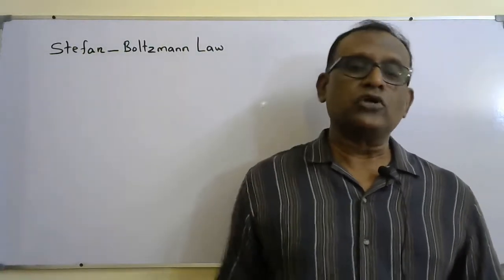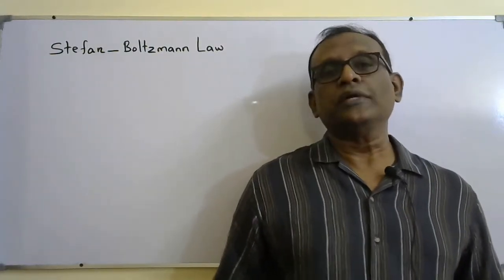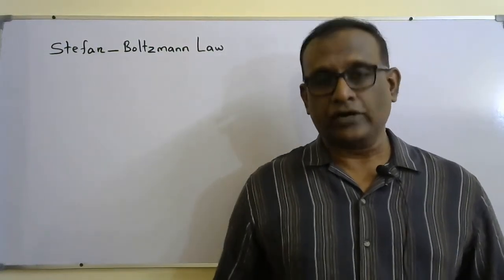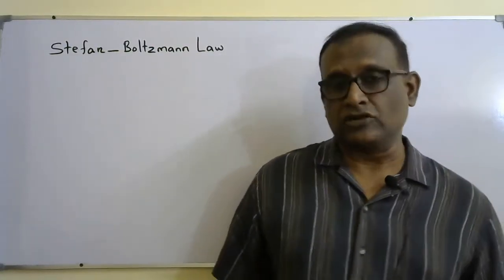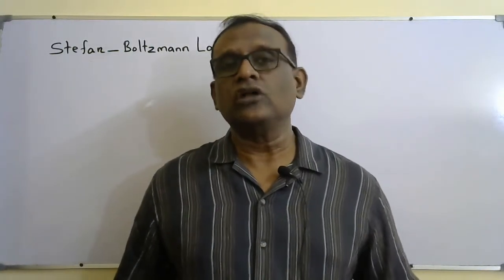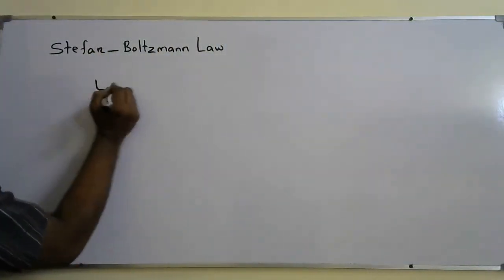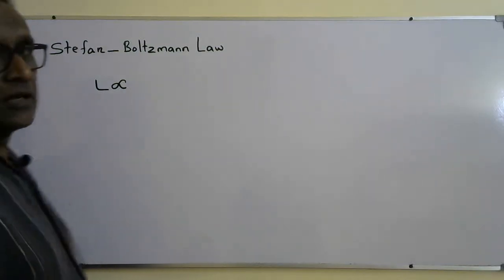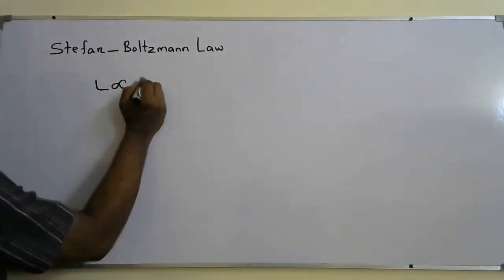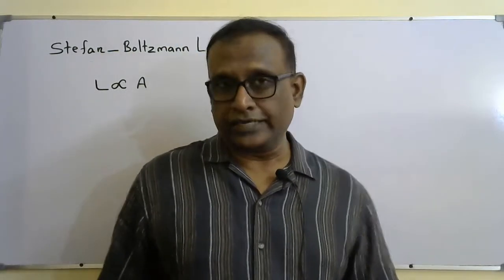So the Stefan-Boltzmann law relates how the luminosity of the radiation emitted by a black body depends on certain properties of the black body. Luminosity means the power of the radiation, and it is denoted by L. The Stefan-Boltzmann law says that luminosity is directly proportional to the surface area of the black body.